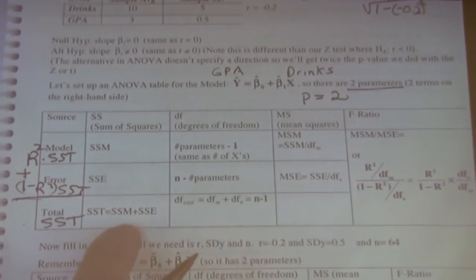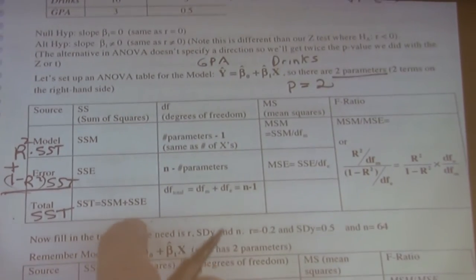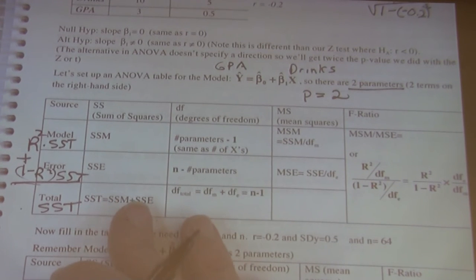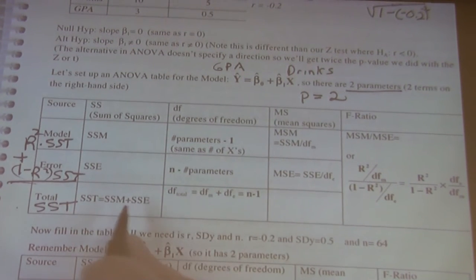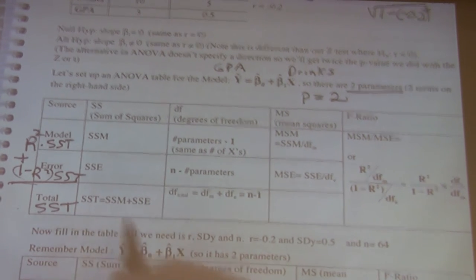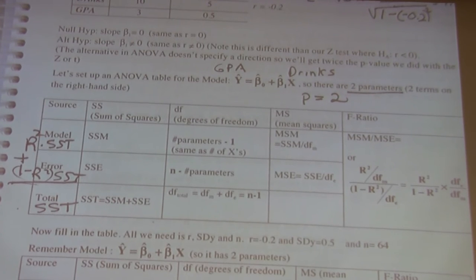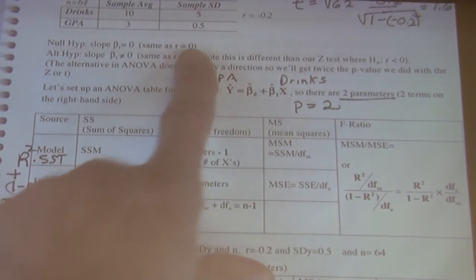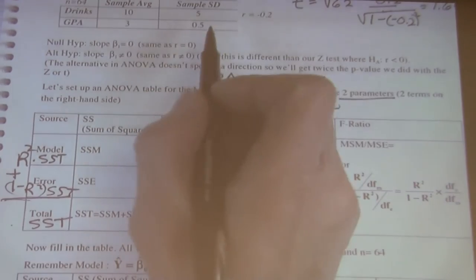So how are we going to get any of these? What were we given? We're not going to do it from scratch, that's too much work. So I gave you the standard deviation of the y's, right here. We're going to use that.